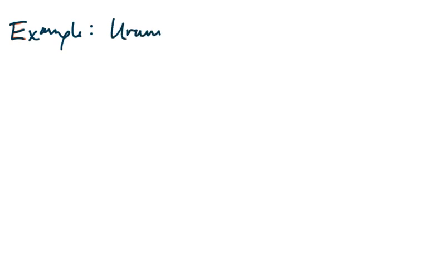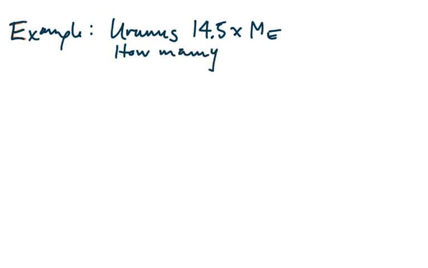So if we know that Uranus has a mass that's 14.5 times that of the Earth, then how many Jupiter masses does this correspond to? So how many times the mass of Jupiter? All right, so that's our question.